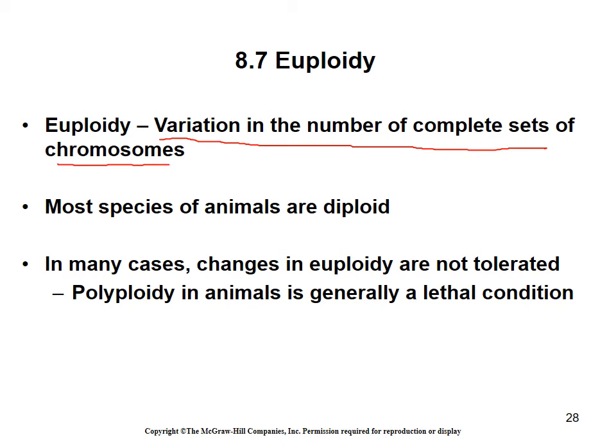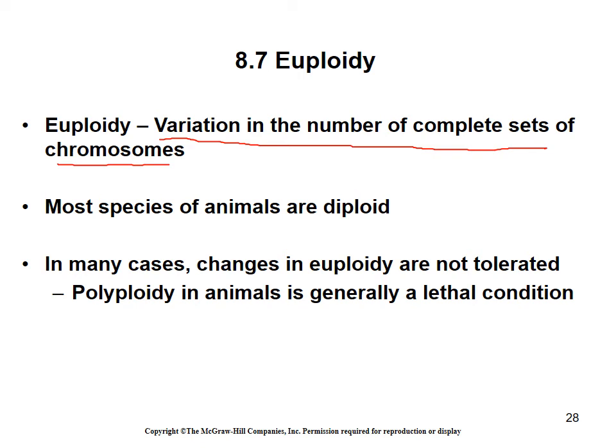Most of the time, the euploidy is not well tolerated. With animals specifically, it tends to be a lethal condition. You will have high rates of spontaneous abortion. We know that for humans in particular, 46 is our magic number. Any alterations to that, whether it's going to be an aneuploidy or a euploidy, tends to be detrimental to the system.